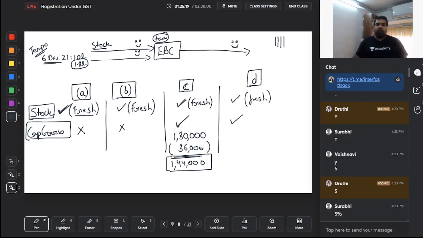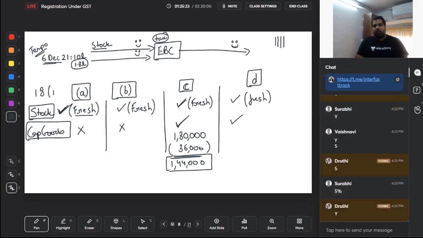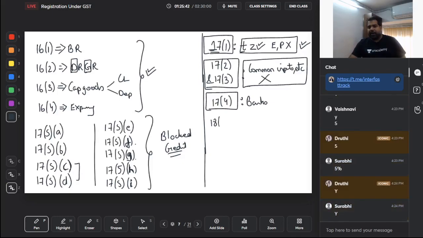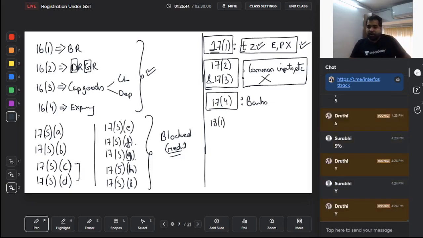Yes. And guys, by the way, this is section 18(1) A, B, C, D. In A, were you registering? In B, were you voluntary registering? In C, were you getting out of the composition scheme? And in D, were you getting out of exempt supply? Yes. So that is the shortcut, guys. Let me tell you the shortcut. 18(1) has 4 situations.